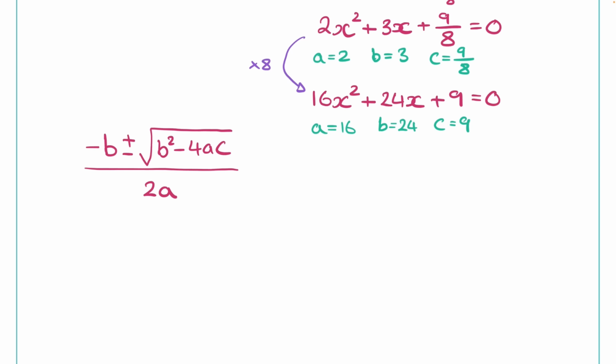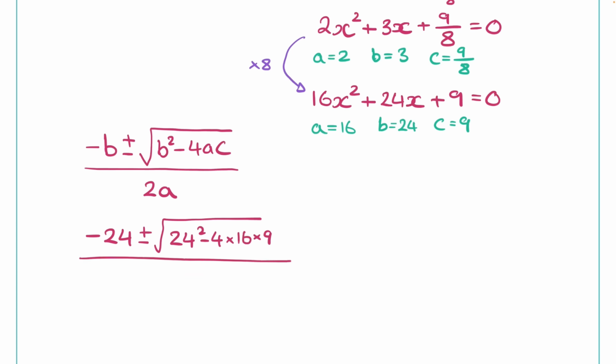So all I need to do is put the pieces in place. So minus 24 plus and minus the square root of 24 squared minus 4 times 16 times 9. And that's all over 2a, which is 2 times 16.